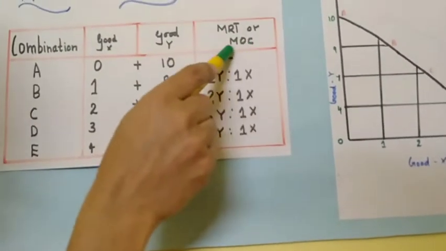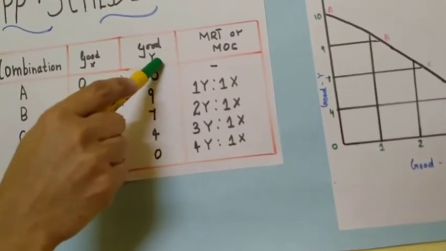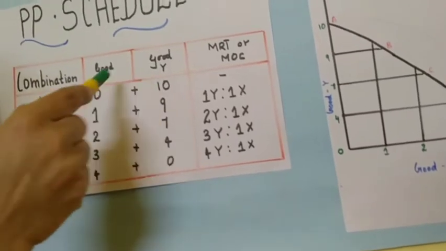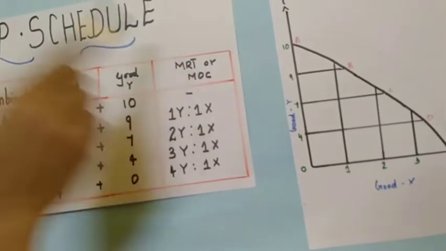That is what is called MOC. How much we are sacrificing of the production of Y to increase the production of X. That is what is called MOC or MRT.